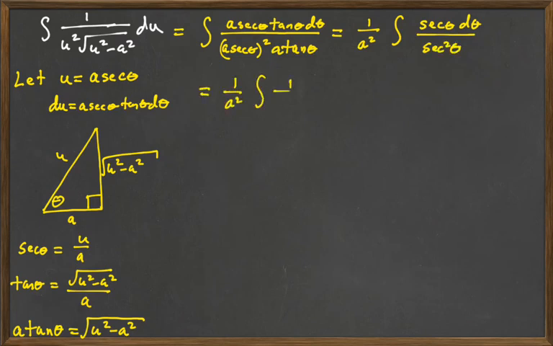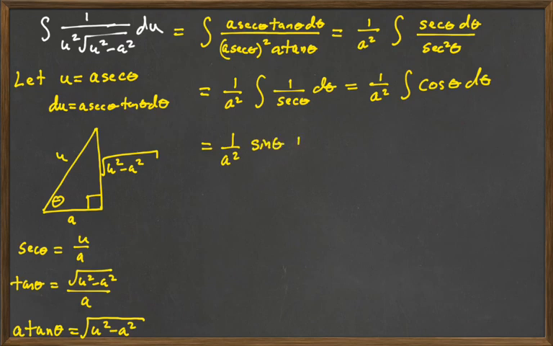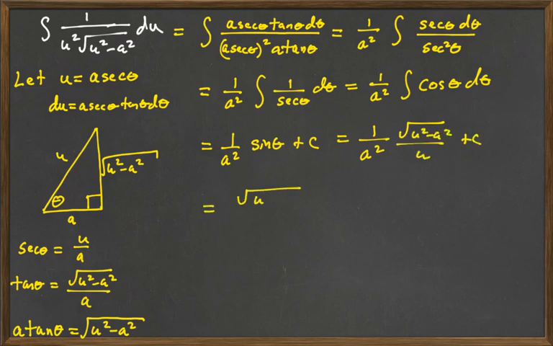So that's going to be 1 over a squared, and then we have the integral of 1 over secant of theta. So it's going to be 1 over a squared cosine of theta d theta. So it's going to be 1 over a squared times the sine of theta plus c. And the sine of theta is going to be the square root of u squared minus a squared all over u plus c. And so this gives us our other formula of this type.